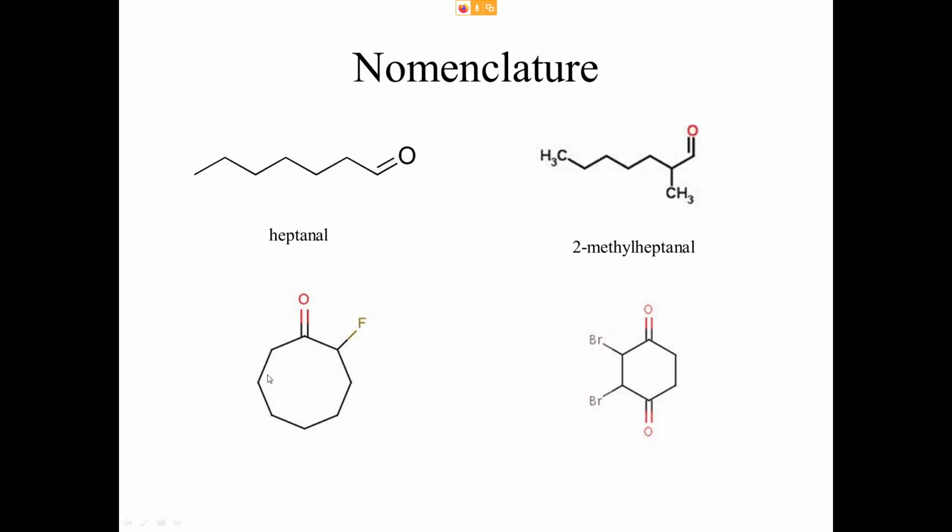And I could have gone around the ring either way. You chose to go this way to give the fluorine a lower possible number than if I went the other way. It'd be on 8. So 2 is better than 8, because this is still at number 1 either way. So it's 2-fluoro, don't misspell fluoro, cyclooctanone. It's not cyclooctone, don't skip this syllable. We're only dropping the last E, not the whole last syllable.